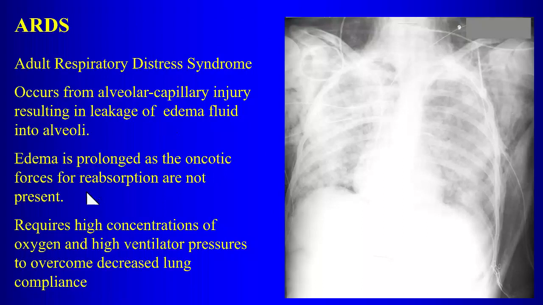The edema is prolonged because the proteinaceous content of the fluid gives you high oncotic pressure, so you don't have the normal oncotic forces for resorption, and it requires high concentrations of oxygen and high ventilatory pressures to overcome the decreased lung compliance, which can lead to all kinds of complications, one of which is illustrated here.